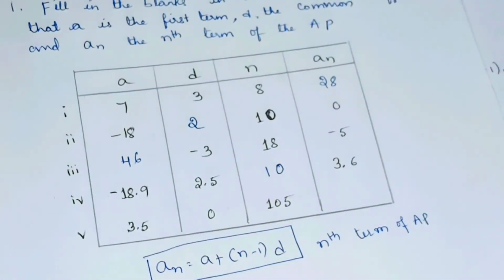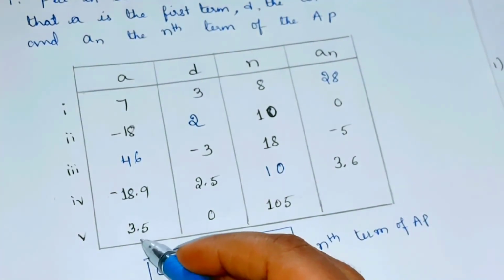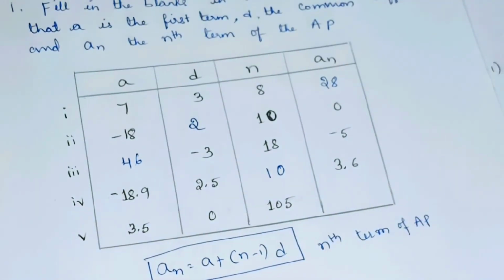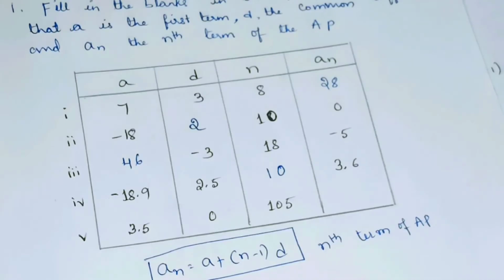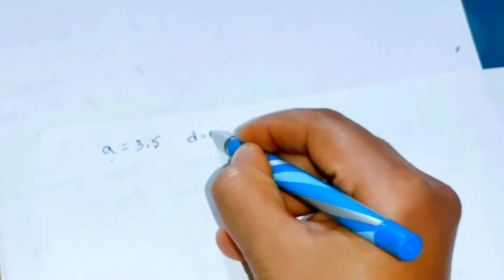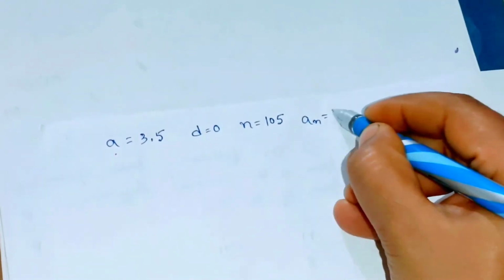Now the next and last question in this exercise. a is given, 3.5, d is given, 0, n is equal to 105. Now let us find out the solution for this. a is 3.5, d is 0, n is equal to 105 and an is equal to question mark.